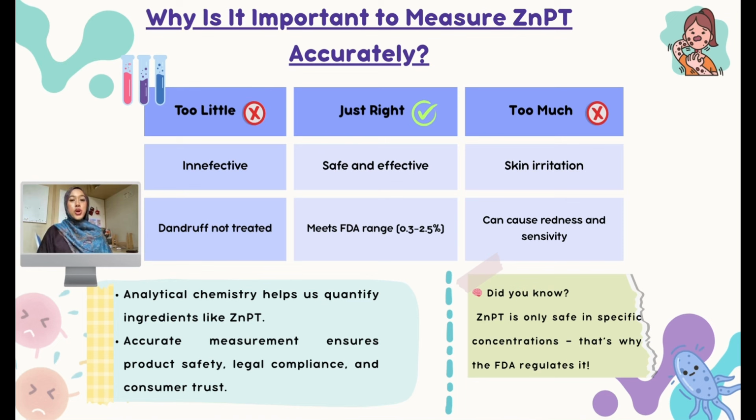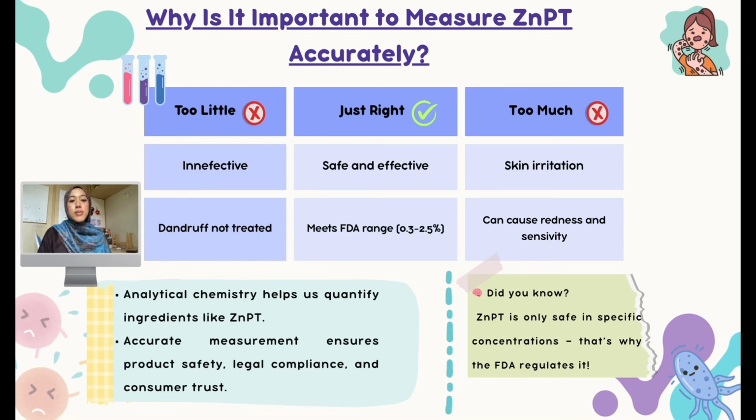So here's the most important question. Why do we need to measure zinc PT accurately? Just like medicine, the dose matters. Too little zinc PT in a shampoo and it won't treat dandruff effectively. Too much and it might cause skin irritation or even go against FDA regulation. For example, rinse-off products can contain up to 2.5% zinc PT, but leave-on products can only have 0.25%.